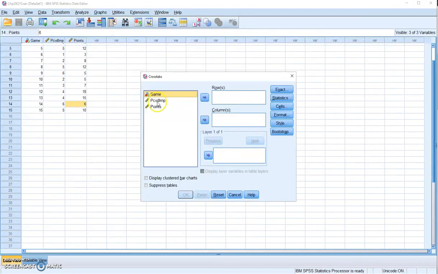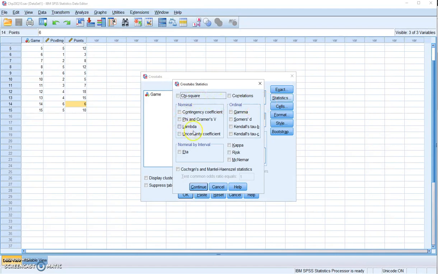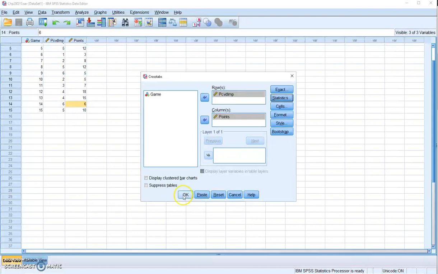You can put the two variables, one to the row, the other to the column. Doesn't matter which one goes where. Then you go to Statistics, and you want to check Eta, which is a measure here that says nominal by interval. Later on, we'll explain why it's labeled like this. And you click OK.